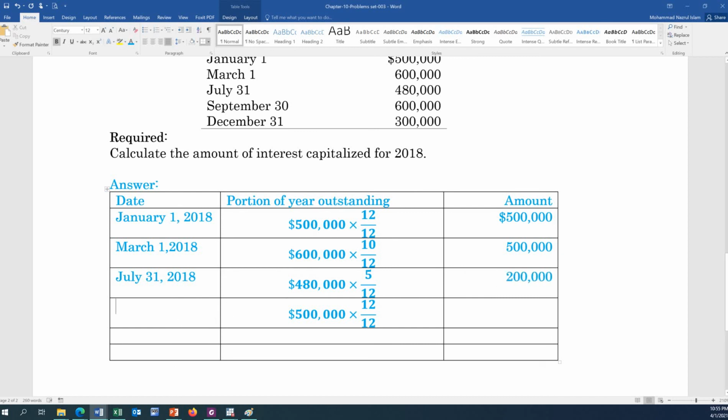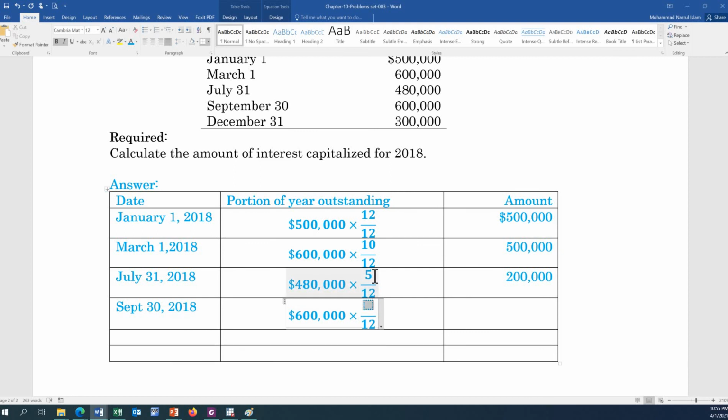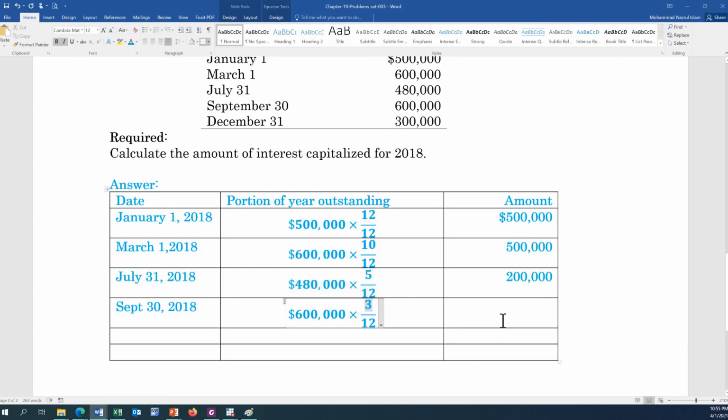And then September 30, 2018, and the amount was 600,000. Since we started on September 30, we have used this amount for October, November, December, 3 months only in 2018, and the amount is going to be 150,000.